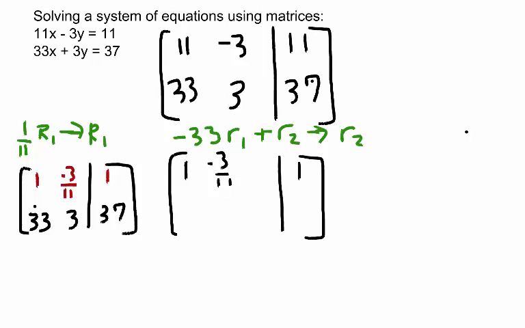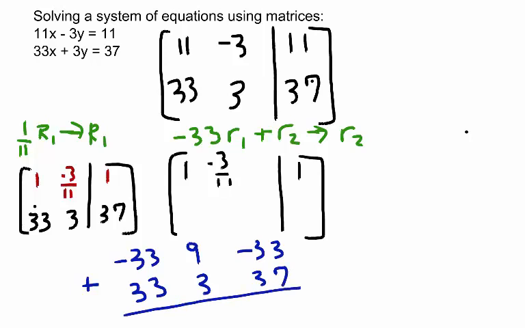So -33 times 1 gives us -33. -33 times -3/11 equals +9. And -33 times 1 equals -33. We're going to add this to row 2, which is 33, 3, and 37.